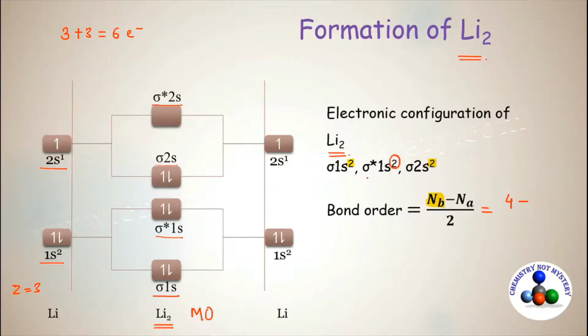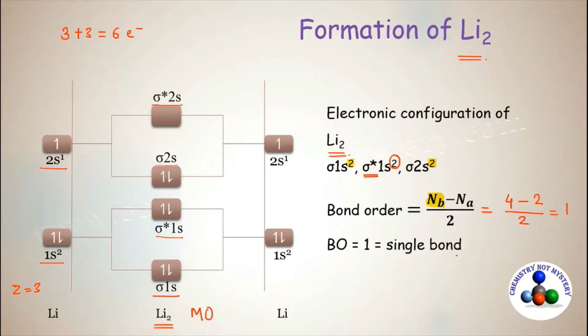There are 2 electrons present in sigma star molecular orbital, that is the antibonding molecular orbital. So you will write 2 here, divided by 2. When you calculate it, you will get bond order 1.